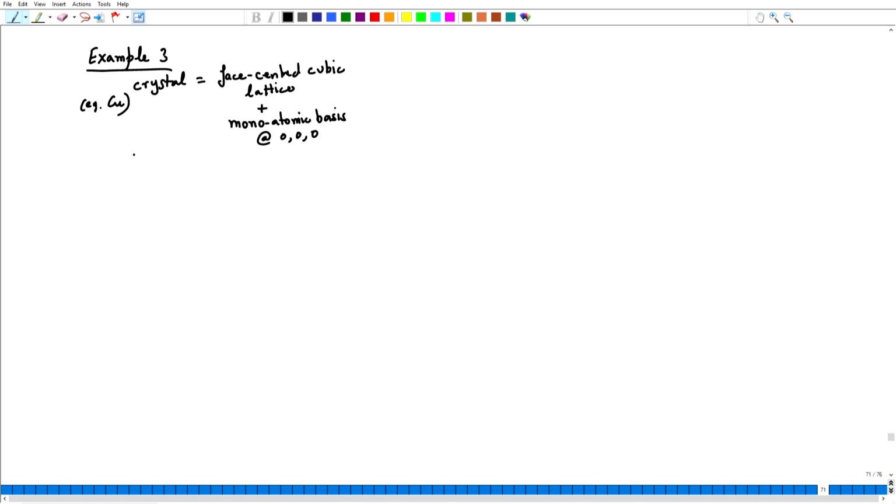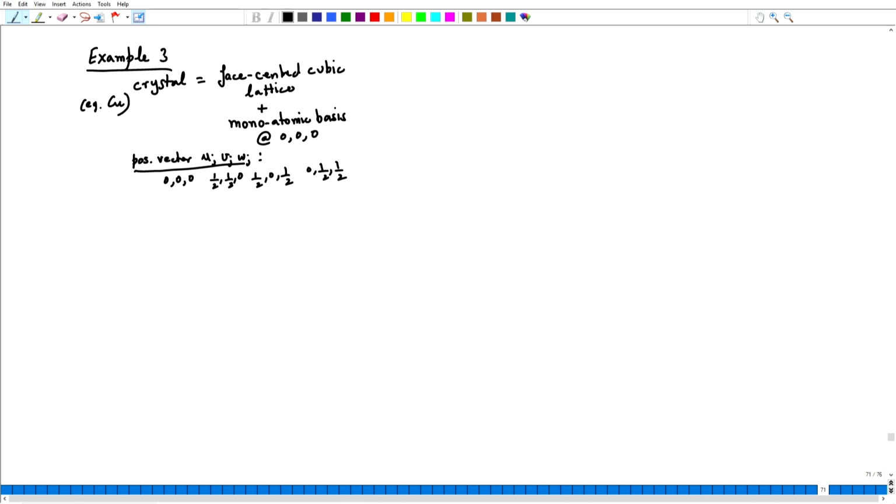So, the position vectors u_j, v_j, w_j for the 4 atoms that would be present in this structure are going to be 0 0 0, that means the atoms lying at the corners of the unit cell, and then there are going to be atoms at the center of the faces in the unit cell. So, the other ones would be half half 0, half 0 half, and 0 half half.